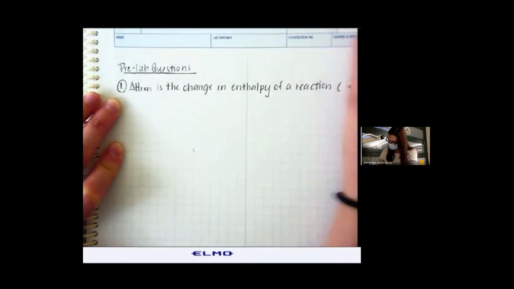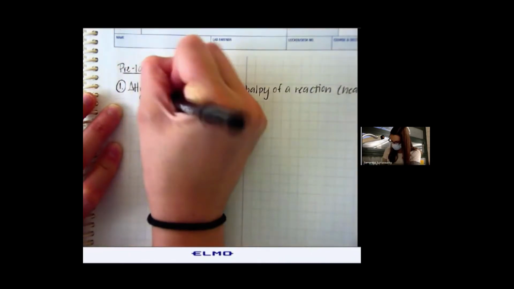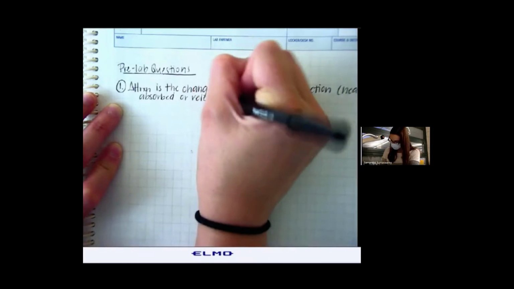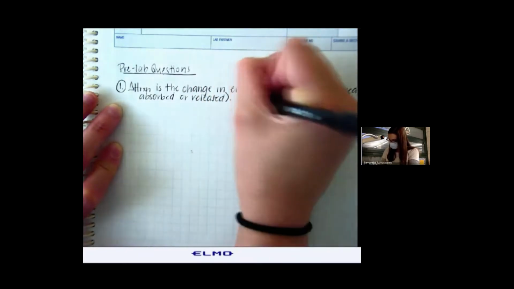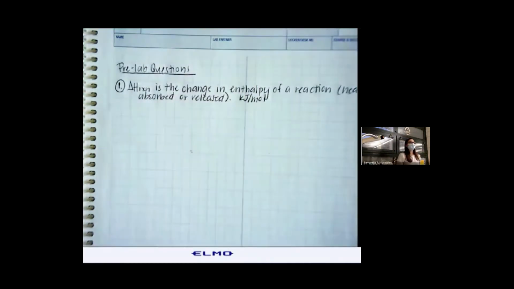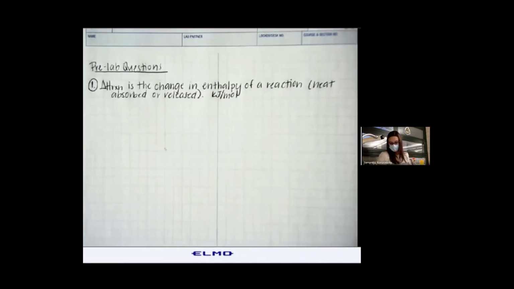And in parentheses, I'm going to say heat absorbed or released. I'm just going to say kilojoules per mole, just kind of as a reminder. All right, it's measured in kilojoules per mole. So pre-lab question number 1, delta H reaction is the change in enthalpy, or it's the heat absorbed or released in a reaction measured in kilojoules per mole.